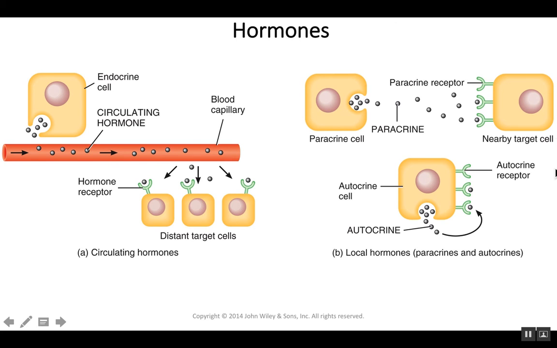There's a lot of hormones in the immune system that are local. They'll activate immune cells in a certain tissue as opposed to activating immune cells at a distant tissue. So circulating versus local hormones.